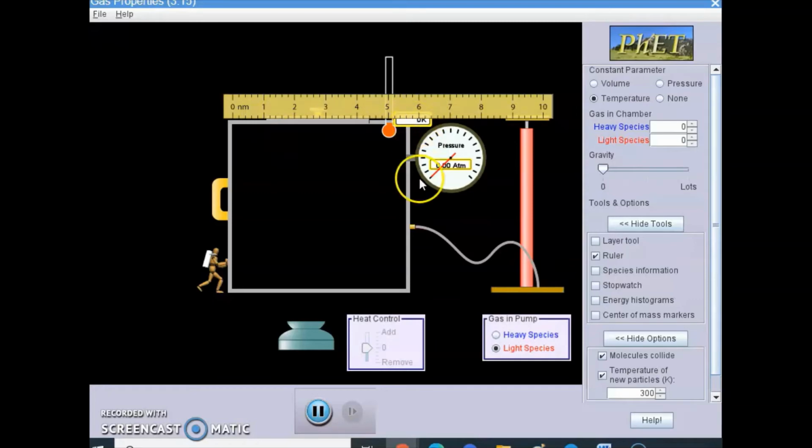And the height was set by PhET as 6.6 nanometers. Now, light species. So we choose light species of the gas. Let's observe what happens when there is one gas molecule in the container.